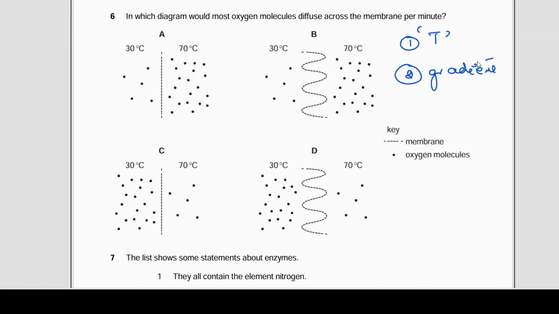So where would be more diffusion? Diffusion to lower concentration. For that one, we can choose A or B. Now what about temperature? Where would there be more diffusion? At higher temperature. So it would be B.